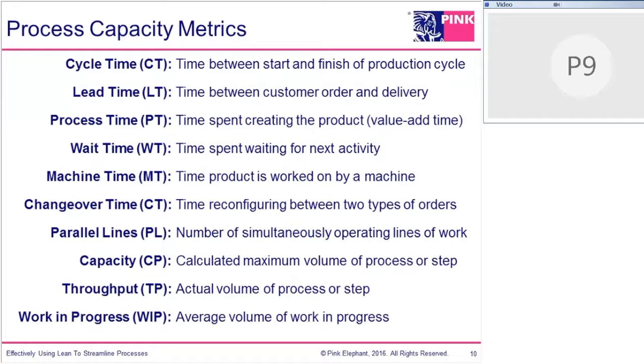Okay. Cycle time is the amount of time from the beginning, specific time that we begin to work on the process until we are finished with the process. Okay, that's cycle time. Lead time is the time between the very first time the customer either orders something or asks for something, calls about an incident.